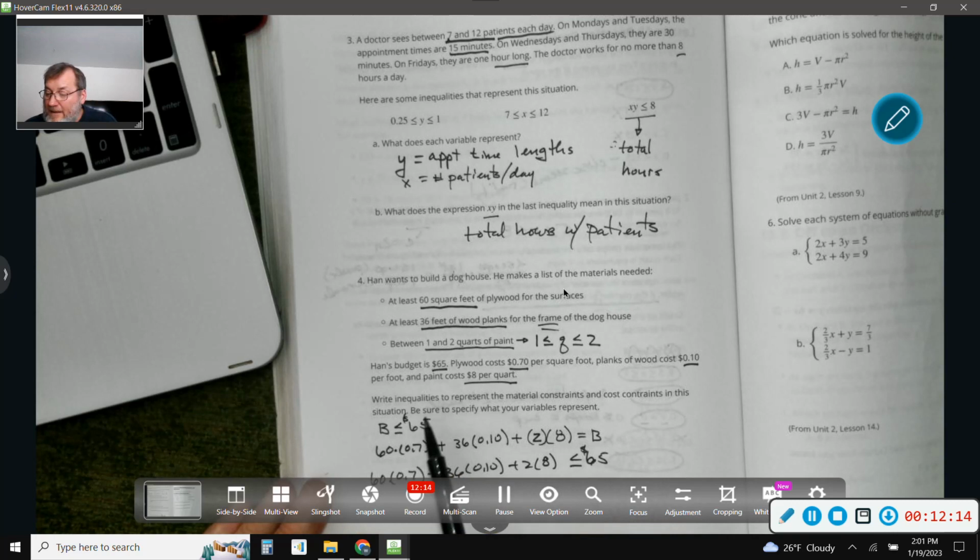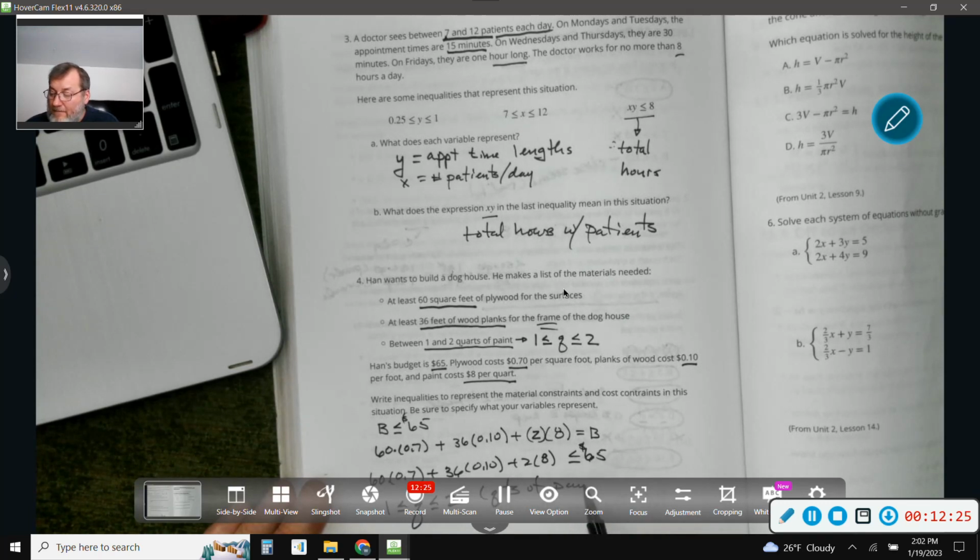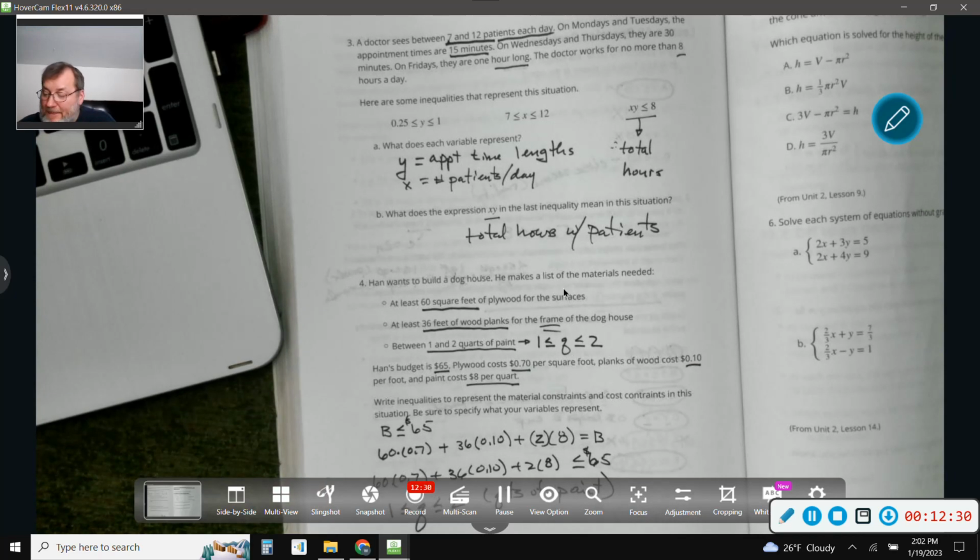Let's see. I'm thinking that's about all we got. And of course, we'll throw this one down here as well: 4 quarts of paint. Okay, then that should work. And that's all the ones I can think of on that one.